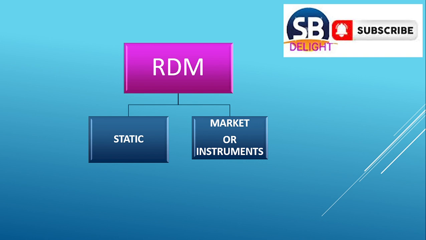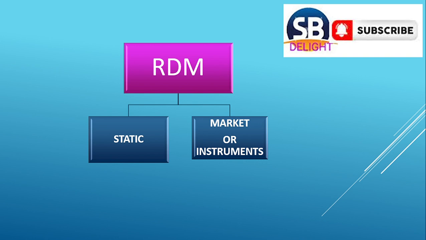If we come to market or instrument team, this is the type of identifier, and this is the most important. What are the things in market or instrument team? ISIN, International Securities Identification Number. In a previous video, I have explained clearly what ISIN is and how many digits it has. Just go through the previous video. Second, CUSIP.